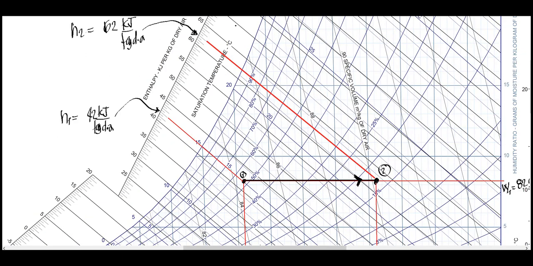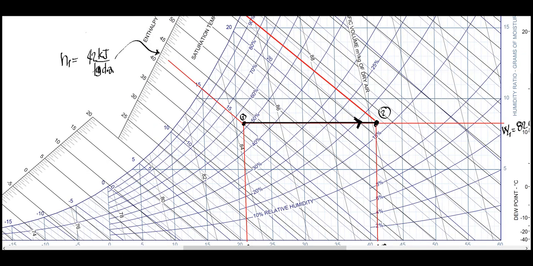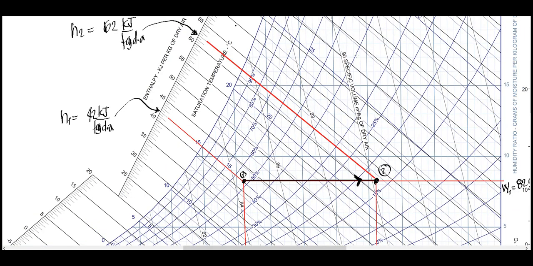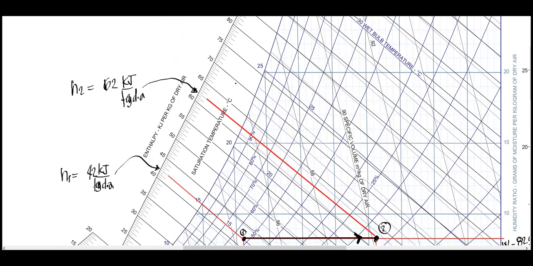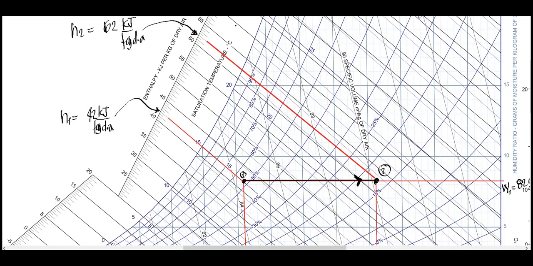The specific volume at point 2, this line, in cubic meter per kilogram, is between 0.9 and 0.92, so let's say this is 0.92 cubic meter per kilogram.